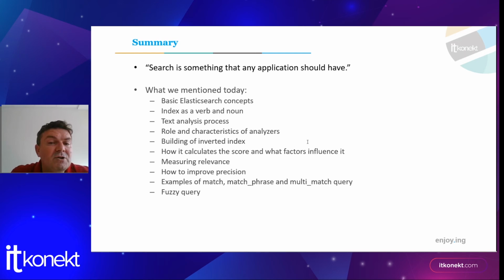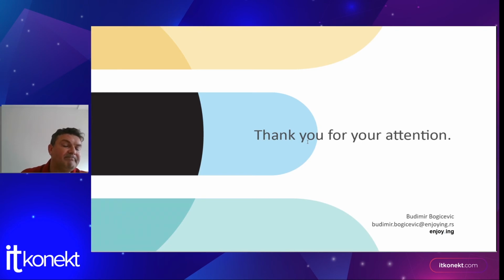Finally, we touched on the fuzzy query as one of the most popular features of Elasticsearch. And that's it. I hope that I have brought you a little closer to some features of Elastic Full Text Search, which at first glance are not obvious.